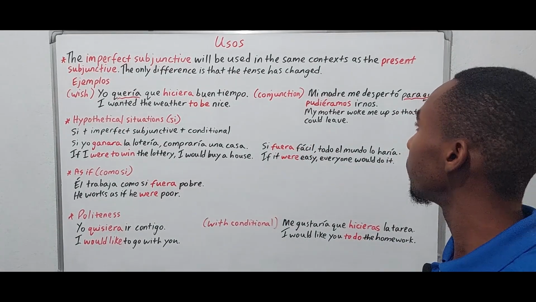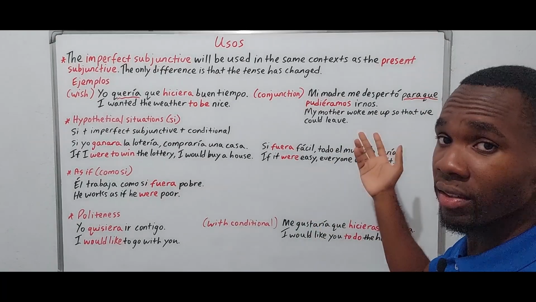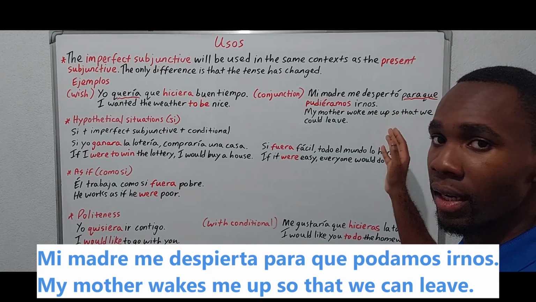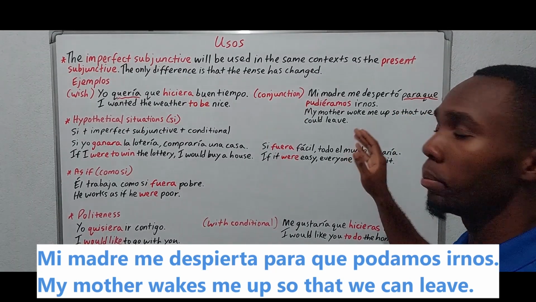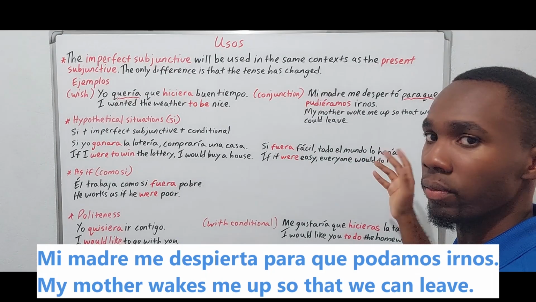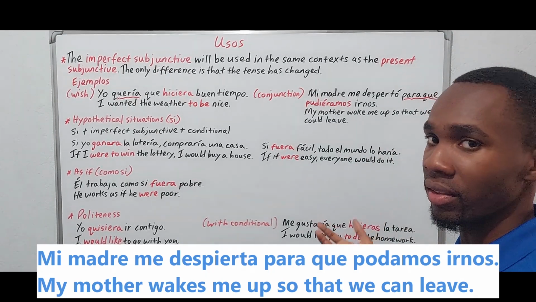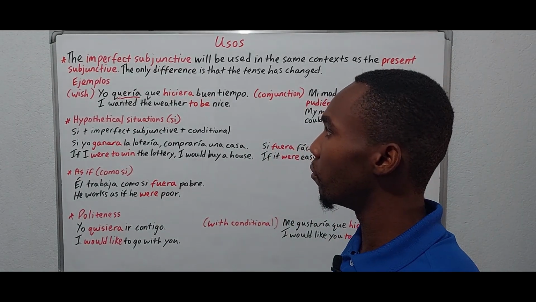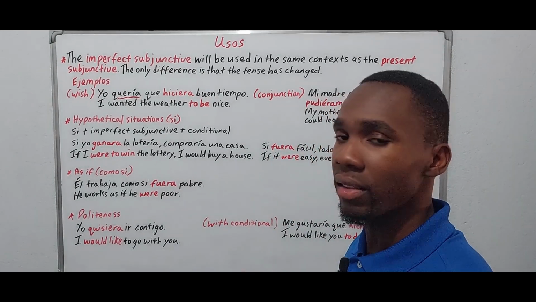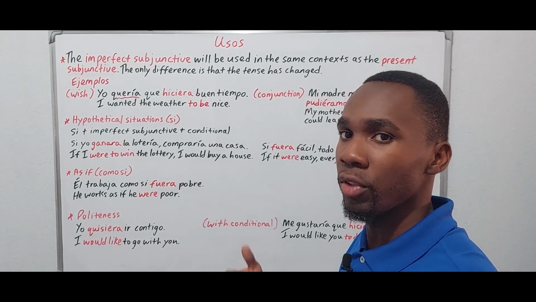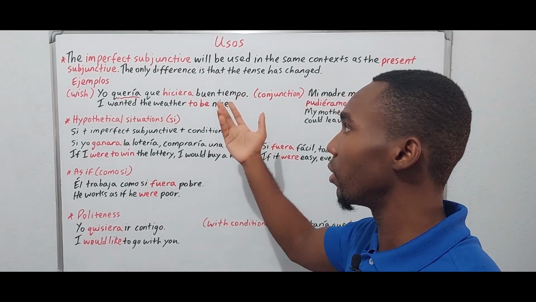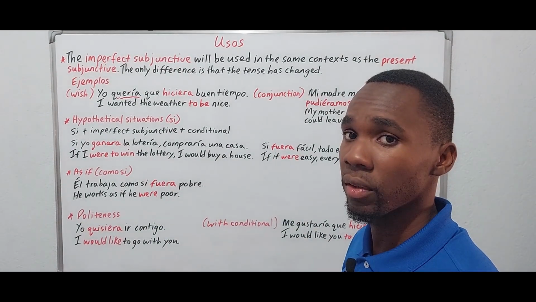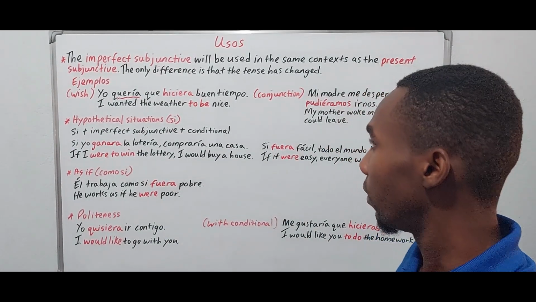If I wanted to put that in the present tense, it would be mi madre me despierta para que podamos irnos. See? So that would be the present tense form. Those are just two examples of contexts in which the subjunctive is generally required. But like I said, we use the imperfect subjunctive here because it is past tense. That's the only difference. Okay? All right.